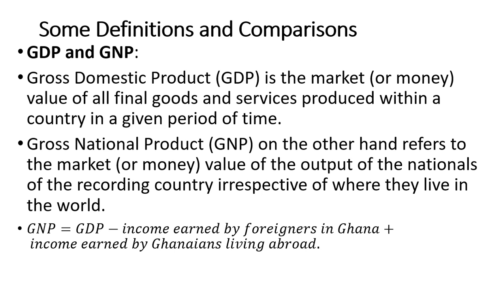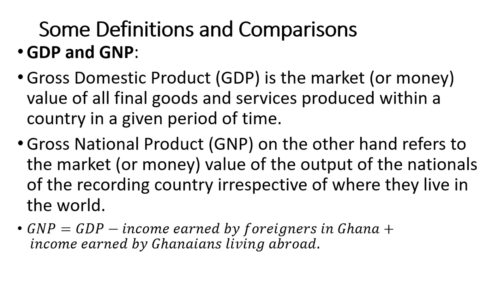So we can always convert GNP to GDP and GDP to GNP. In many textbooks, the difference between income earned by foreigners in Ghana and the income earned by Ghanaians living abroad is usually referred to as net factor income. So GNP is equal to GDP plus net factor income.